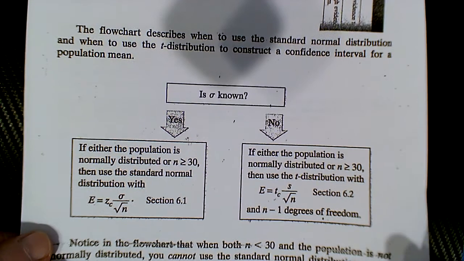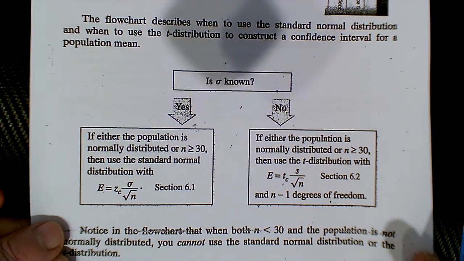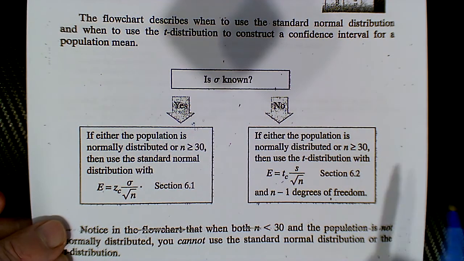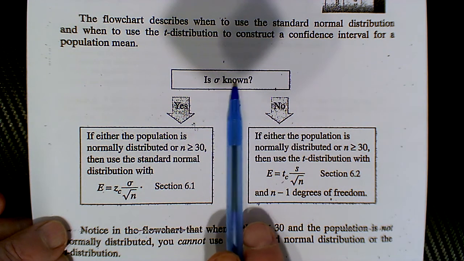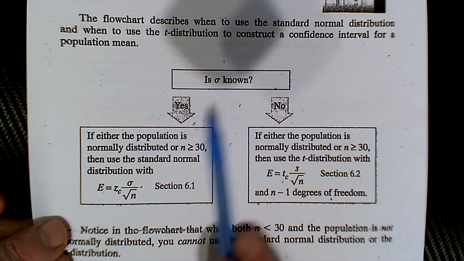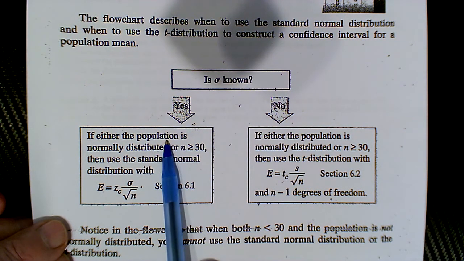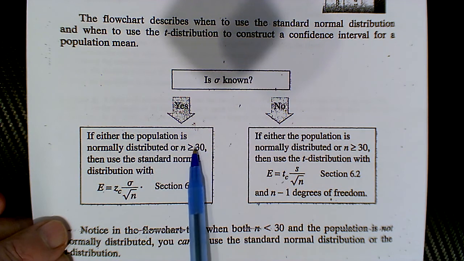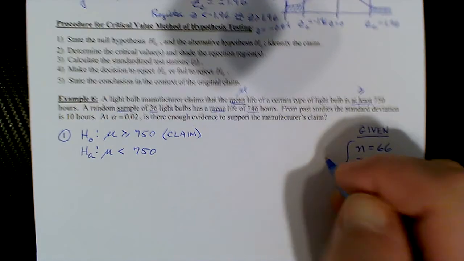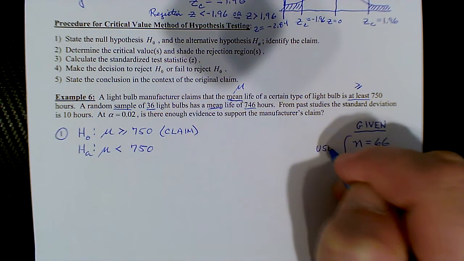So check for normally distributed. Didn't say anything about that, but n is greater than or equal to 30, so it tells us to use Z. So this tells us to use the Z distribution or the normal distribution. Okay, we already stated our hypotheses, identified the claim. Next step, critical value.